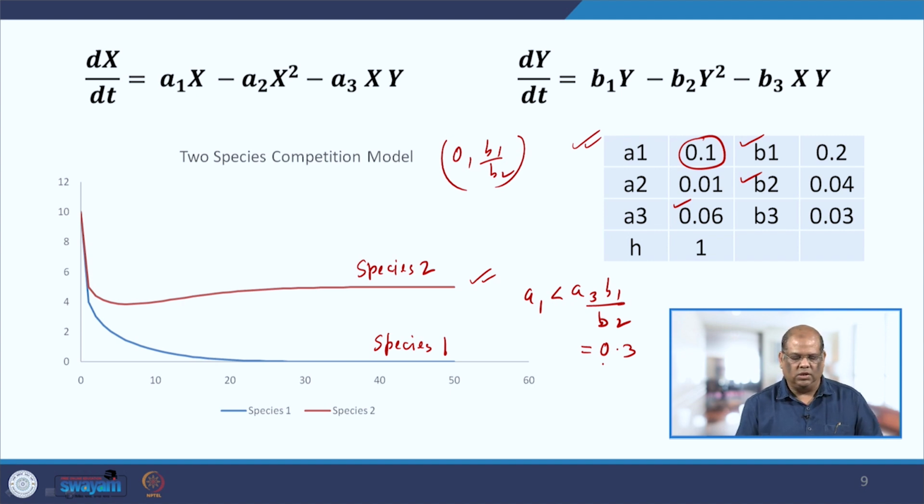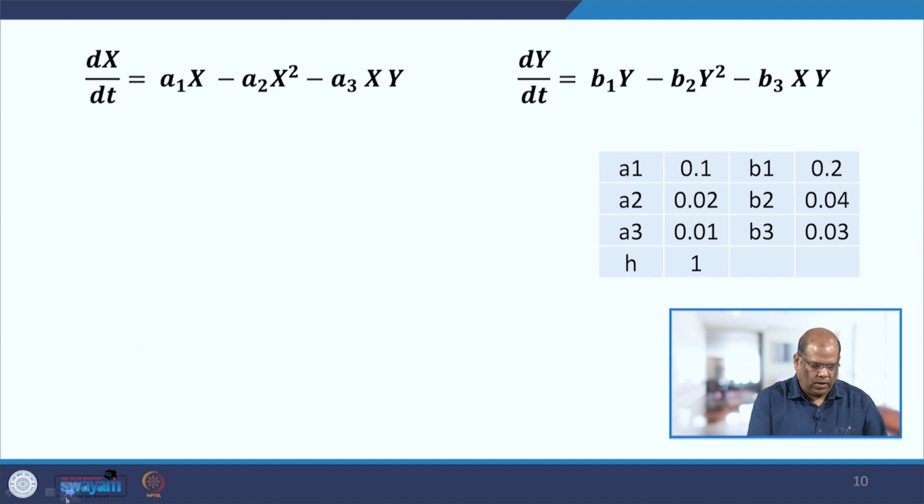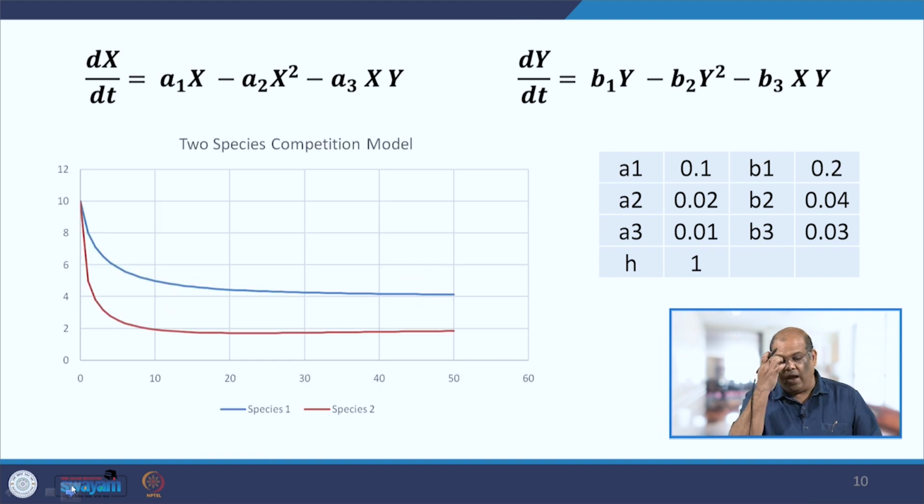Since the system is stable, again you have started from the same equilibrium point 0, 0, and you see that your species 1 did not survive, whereas your species 2 survives. Our third example is where both of them survive.